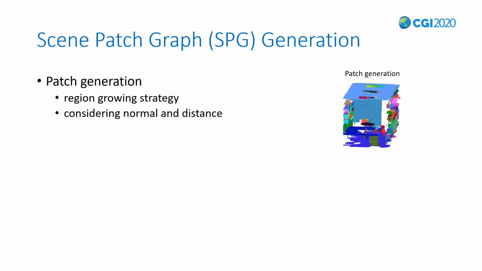The first step is scene patch graph construction. Given an indoor scene point cloud as input, we convert the input into surface patches using region growing. Specifically, region growing for a patch starts from a seed point and adds a new point if this point is close to the patch surface with similar normal.